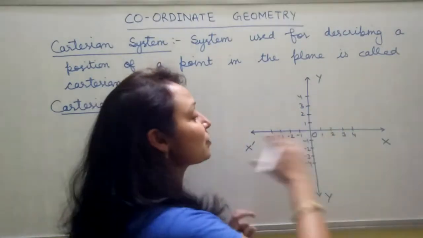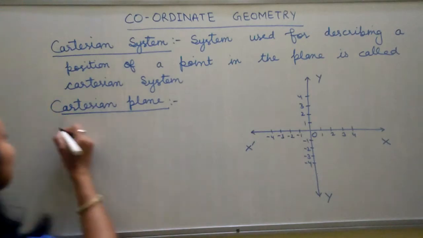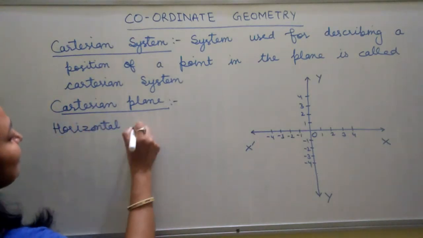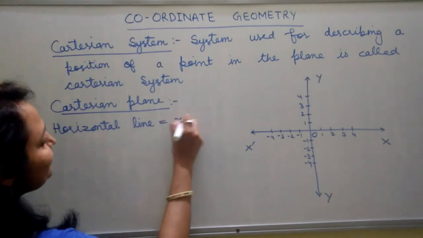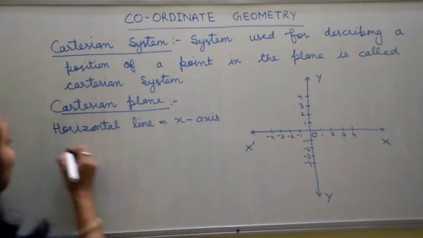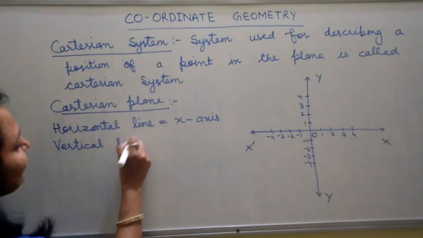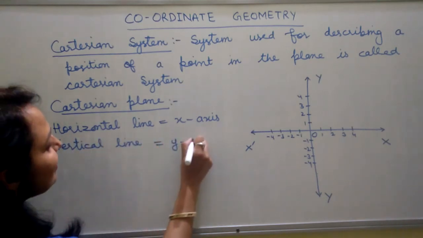This plane has a horizontal line, and that horizontal line is the x-axis. And the vertical line is called the y-axis.